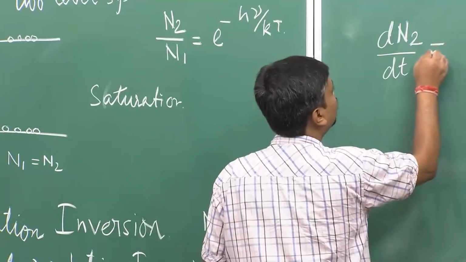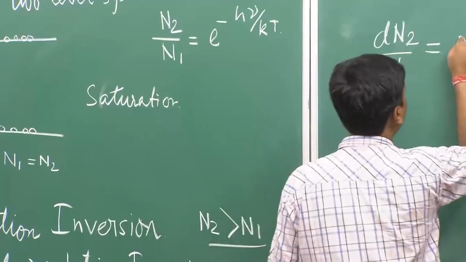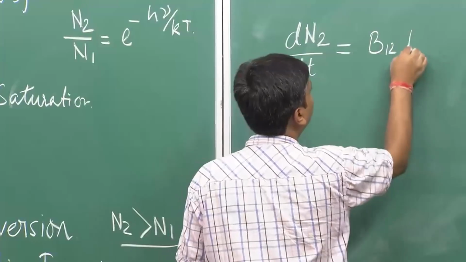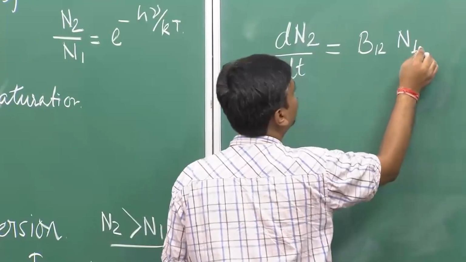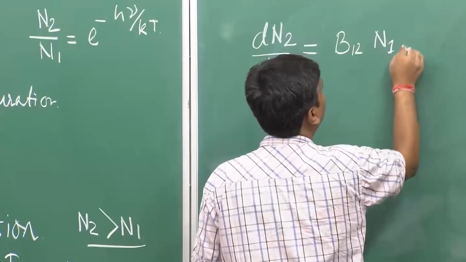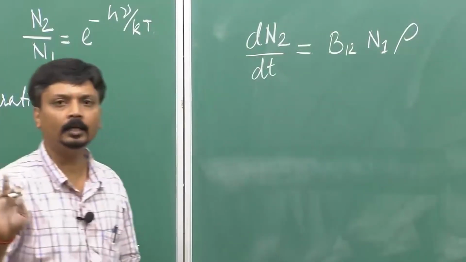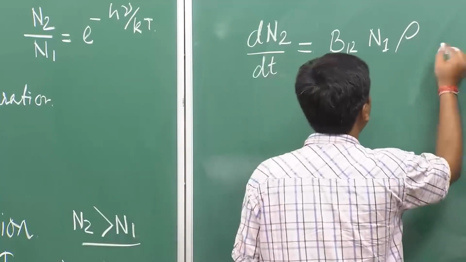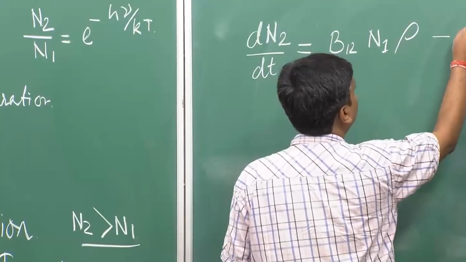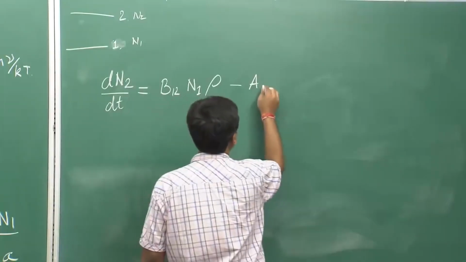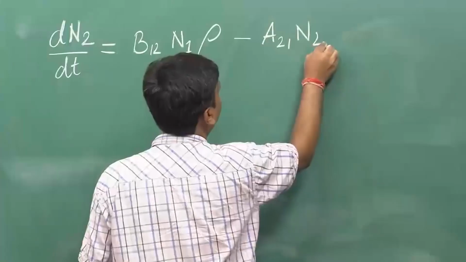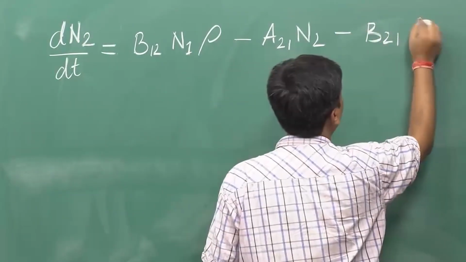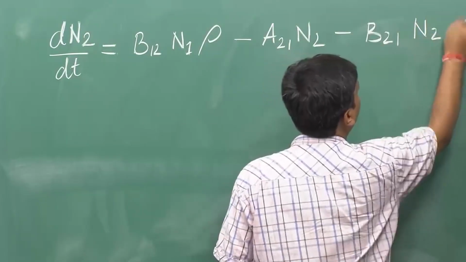So, if I write this, what do I have? First, absorption: B12 N1 into rho. I am not writing rho as a function of h nu 12 anymore for simplicity. Minus spontaneous emission A21 N2, minus B21 N2 rho.